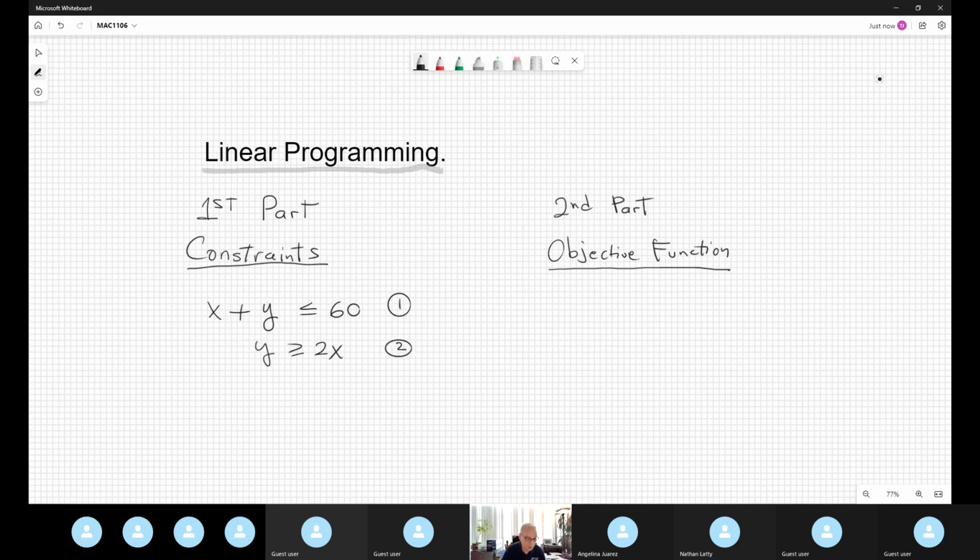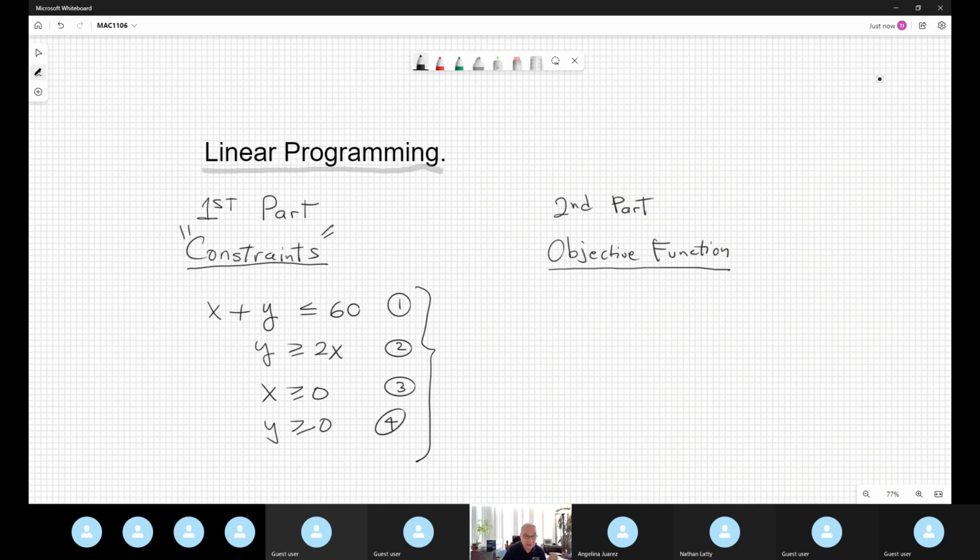My third inequality, remember the system of inequalities may have 2, 3, 4, 5. It's not like an equation; equations are limited, but inequalities are not. Suppose this is inequality number 3, and y greater than or equal to 0 is inequality number 4. And these 4 inequalities represent the constraints of my problem. So what should I do to solve that problem?